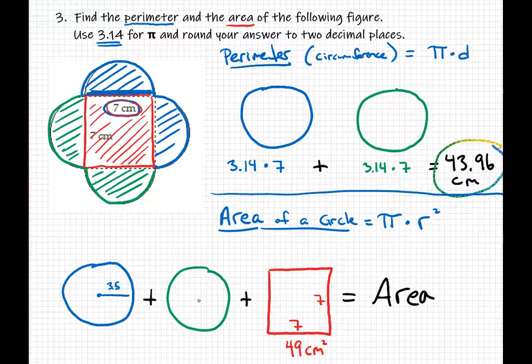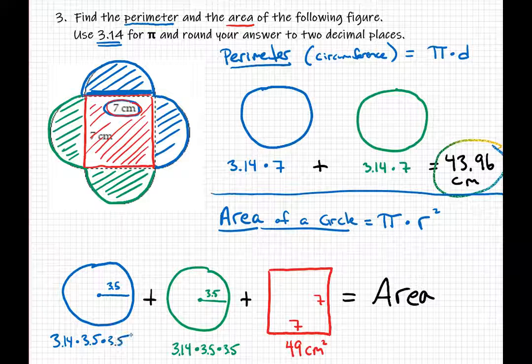And same thing for the green circle. Half of 7 is 3.5. Okay, so we have pi times the radius squared. That's 3.14 times 3.5 times 3.5. And again, same thing for the blue: pi, 3.14, times the radius times the radius.